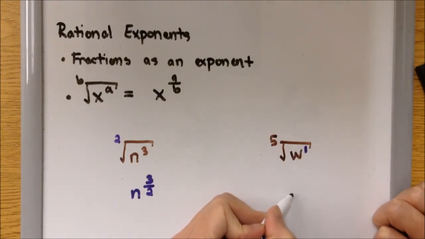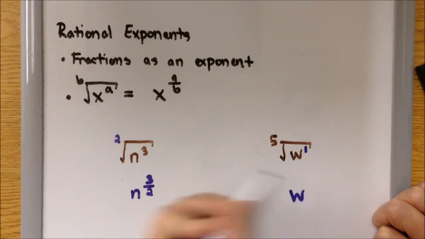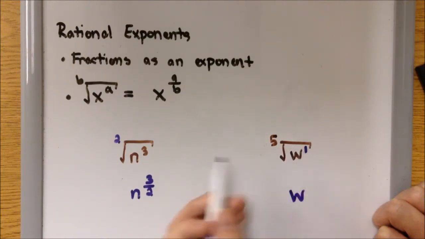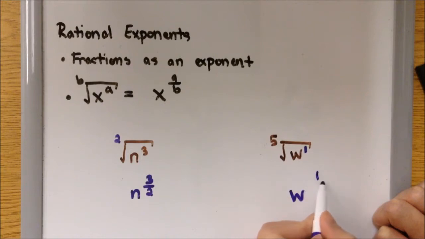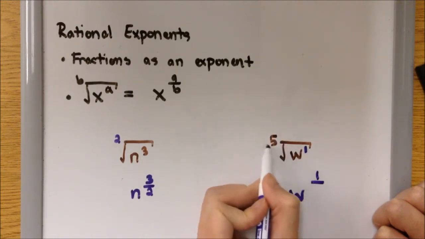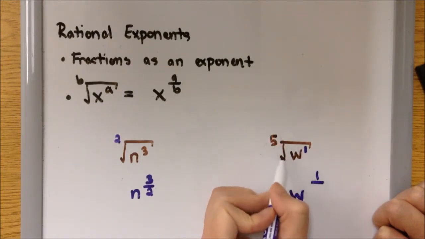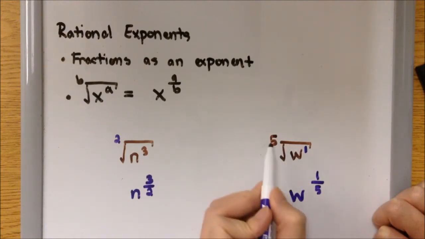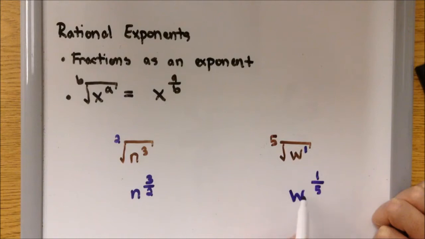So my variable is w. Now, the 1 is inside the radical, and it's the exponent, so I'm going to write 1 on the top, over the number that's outside the radical as the denominator, so 5 on the bottom. So the rational exponent is w to the power of 1 over 5, or 1/5.